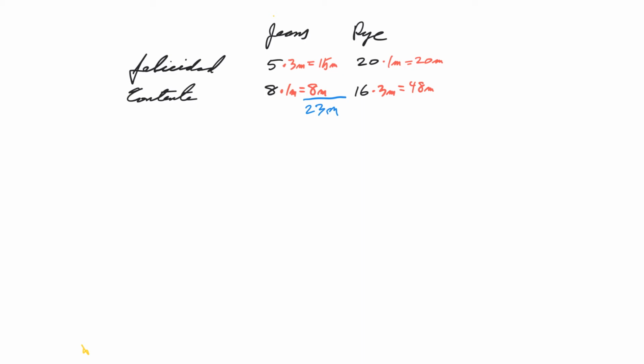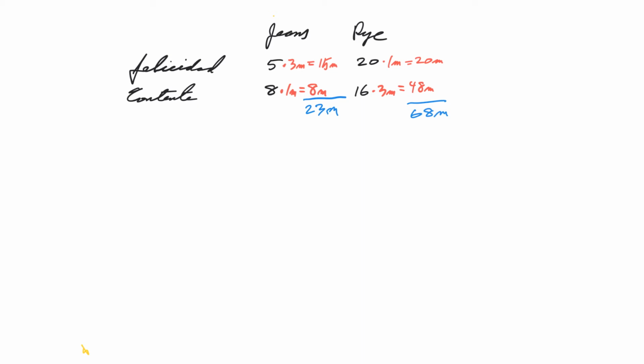That's the world of jeans right there. And 20 million plus 48 million is 68 million rye. Okay, now those numbers are going to come in handy later, but that's the situation right now.